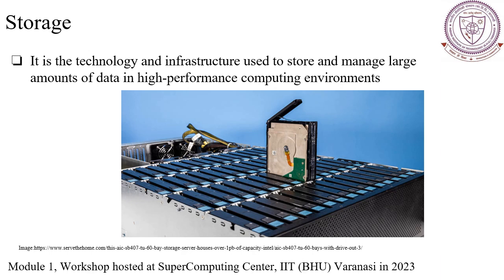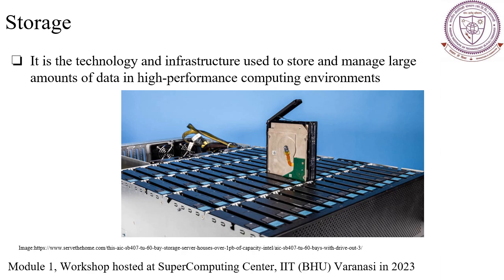Parallel file systems are designed to provide high performance and scalability for accessing large files. Parallel file systems typically use a distributed architecture, which means that the data is distributed across multiple servers. This allows them to provide high performance for concurrent access to large files.